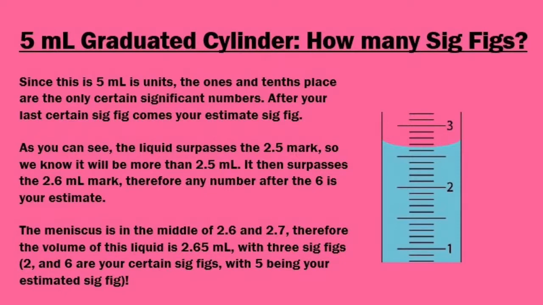It then surpasses the 2.6 milliliter mark. Therefore, the number next to the 0.6 is your estimate. The meniscus is in the middle of 2.6 and 2.7. Therefore, the volume of this liquid is 2.65 milliliters, with 3 sig figs being 2, 6, and 5, your estimate.